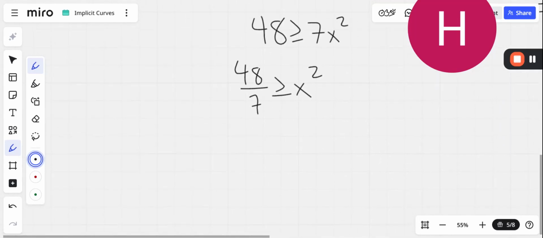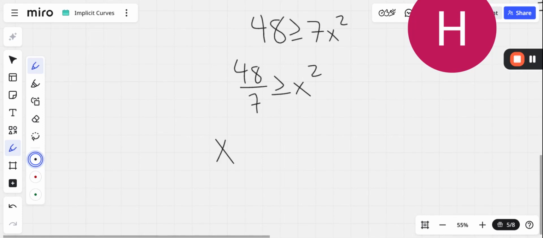This means that x can be a really big negative number, or it can be, x needs to be a really small negative number or a really small positive number, because its square cannot exceed 48 over 7. So it needs to be somewhere in between the negative square root of 48 over 7, which I'm not sure what that is.